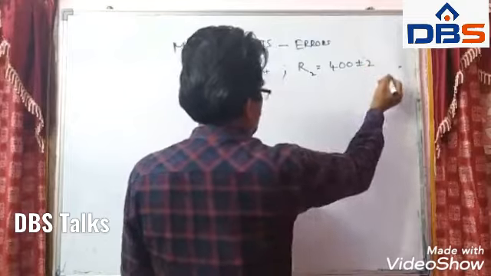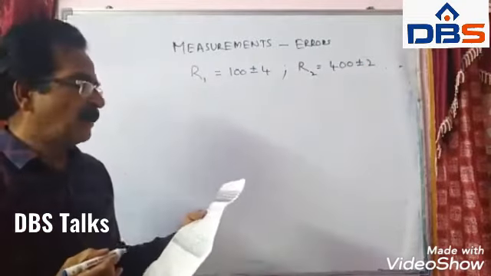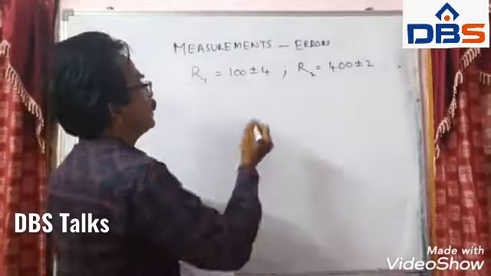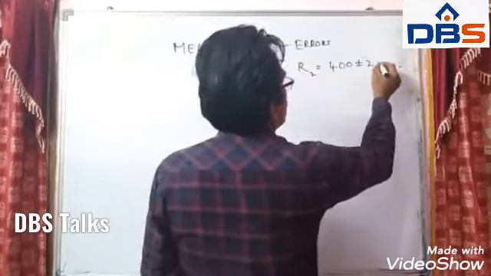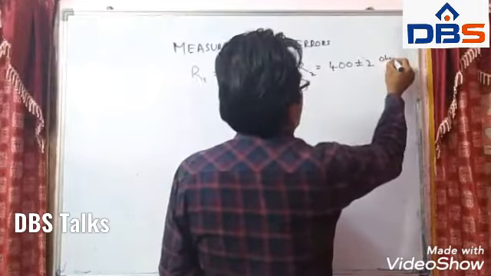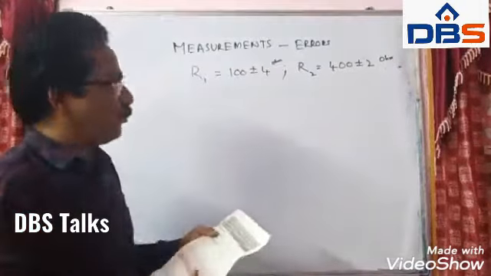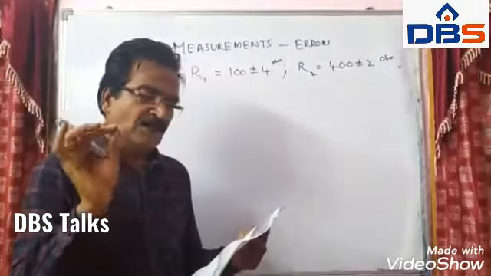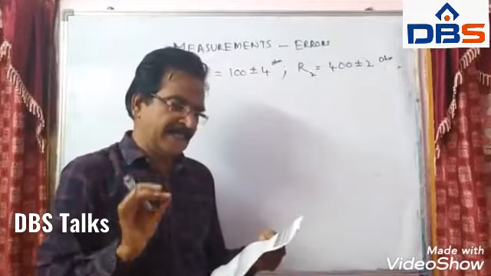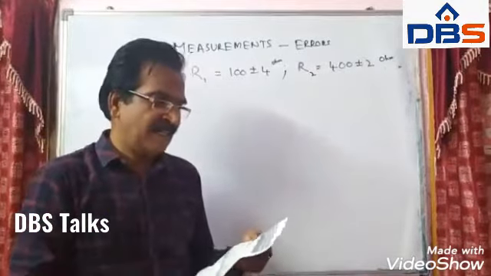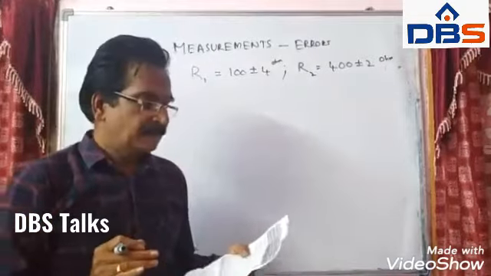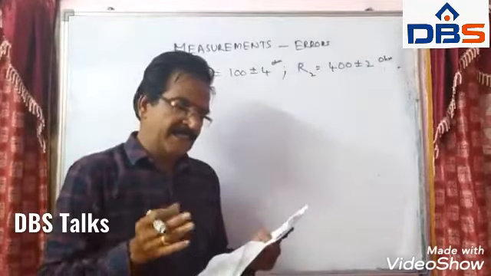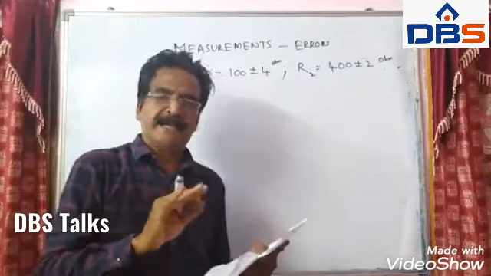What will be the percent error in equivalent resistance, that is effective resistance, when they are connected in series and parallel?